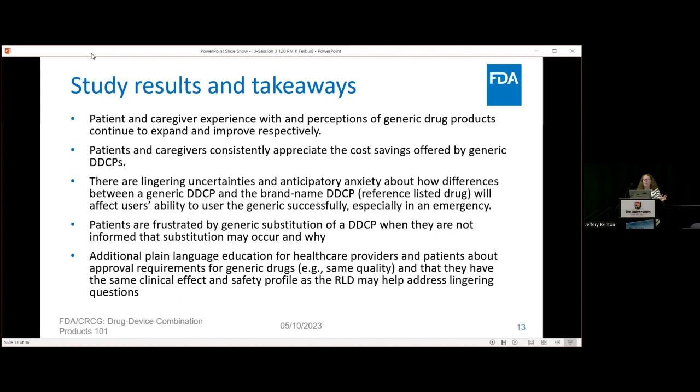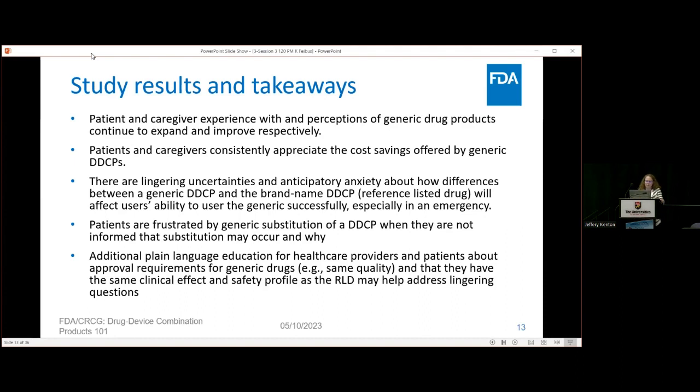Patients and caregivers consistently appreciate the opportunity to save money, and that made a difference to them. But they had some lingering uncertainties and anticipatory anxiety about whether they would be able to use the product correctly in an emergency. Would they remember to follow the right steps so that they could administer the epinephrine when somebody was having an anaphylactic reaction, whether it was their family member or themselves?